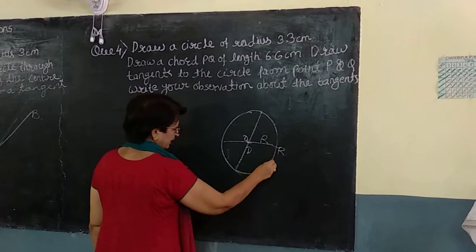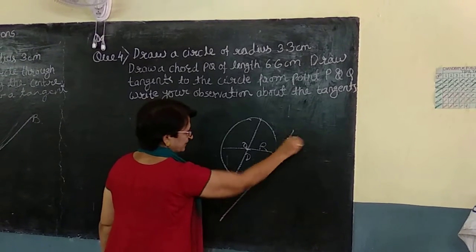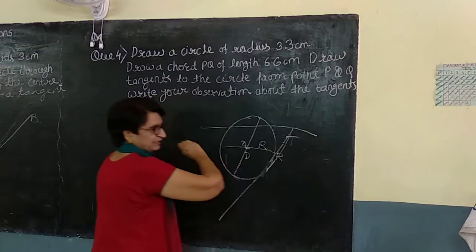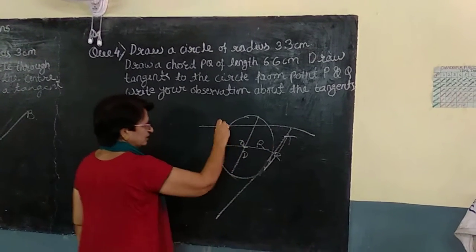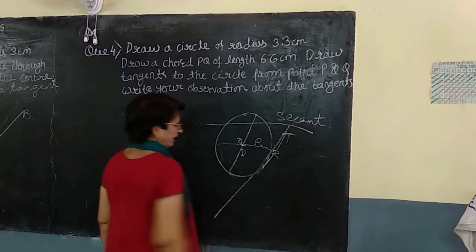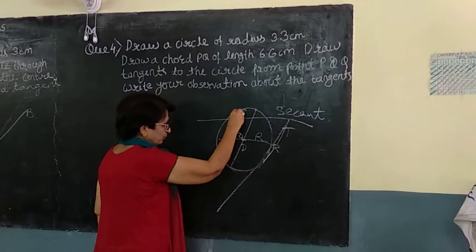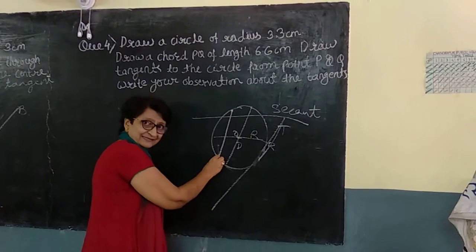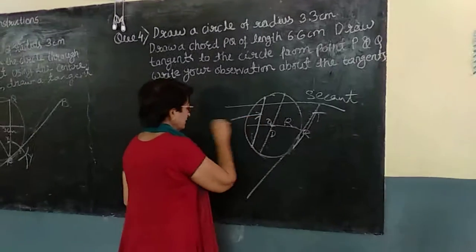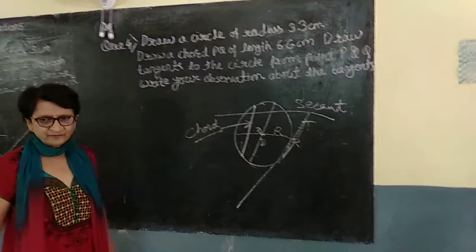Any line touching the circle at one point is called a tangent. Any line cutting the circle at 2 points is called a secant. And a line segment joining 2 points on the circle is known as a chord. Understood?